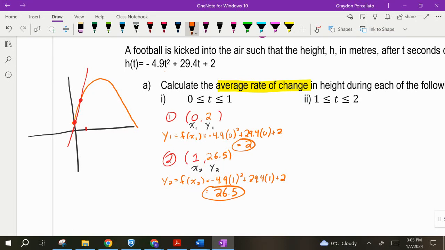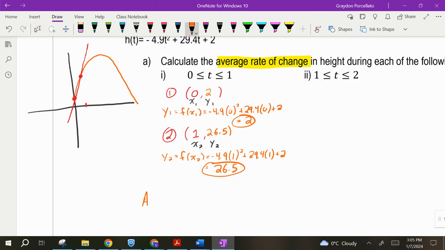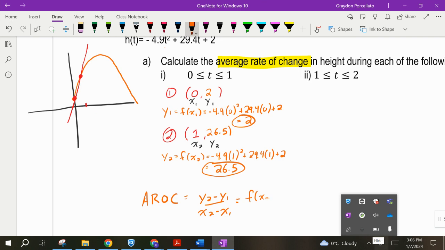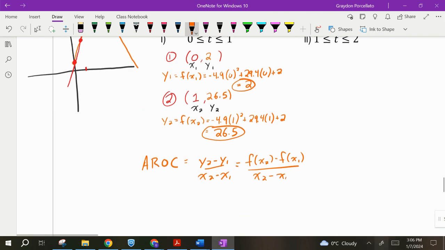So now I know my x1, y1, x2, y2, and now I can determine my average rate of change, which is y2 minus y1 over x2 minus x1. Another way to write this is f of x2 minus f of x1 all over x2 minus x1. We just calculated those values.